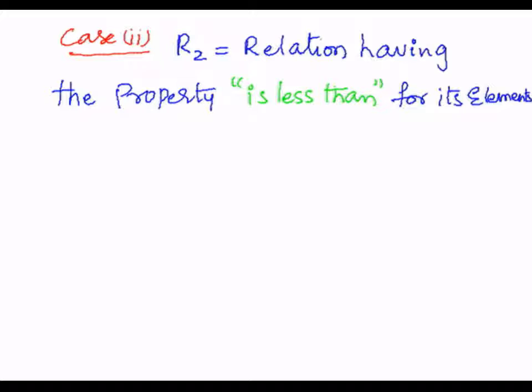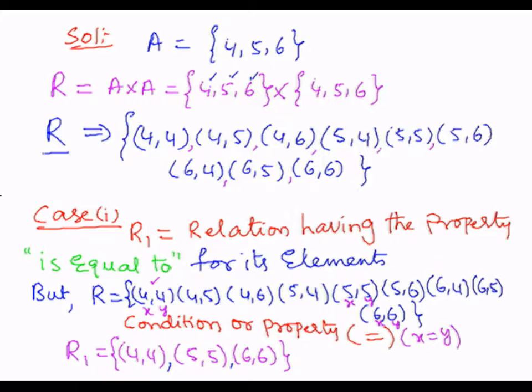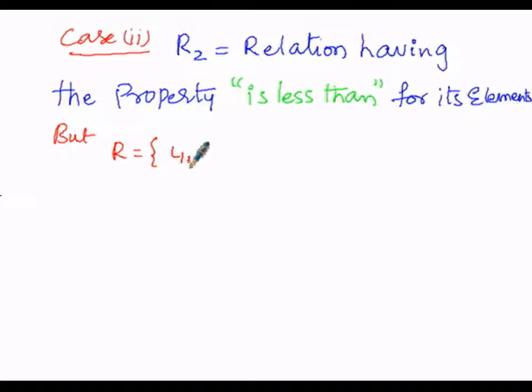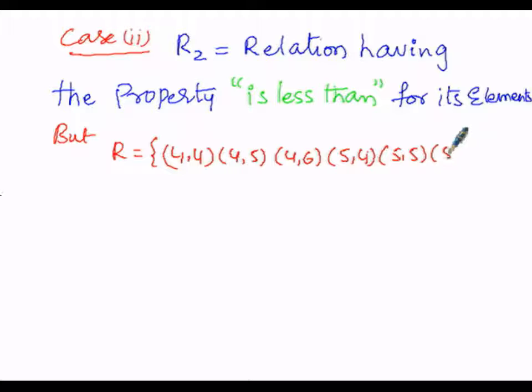Then now, the relation R is given by 4, 4, 4, 5, 4, 6, 5, 4, 5, 5 and 5, 6.